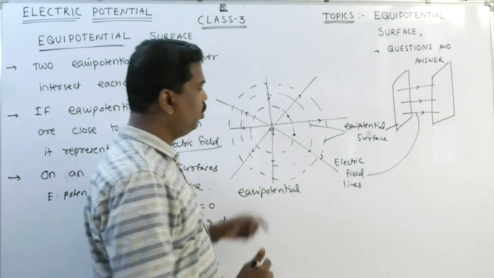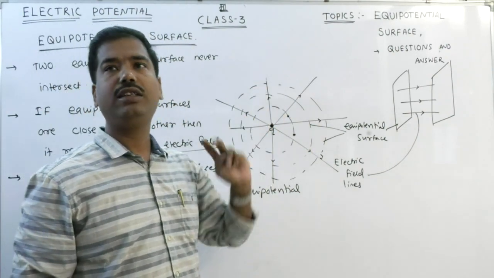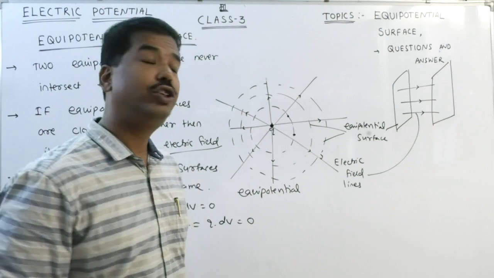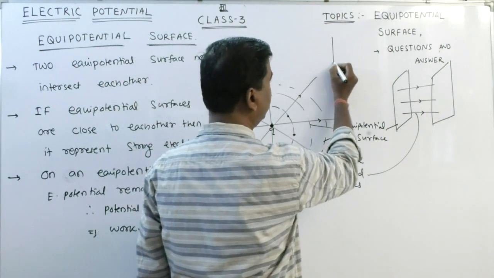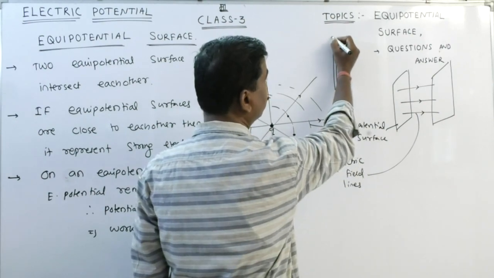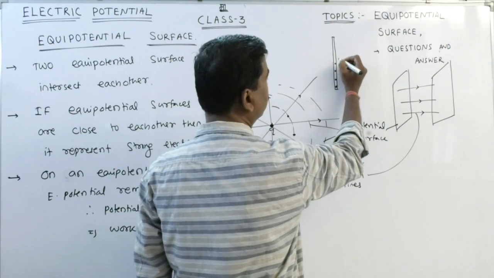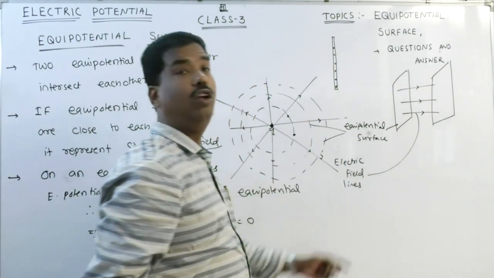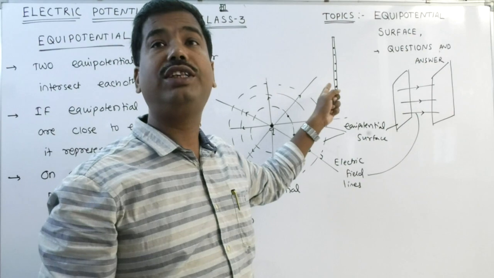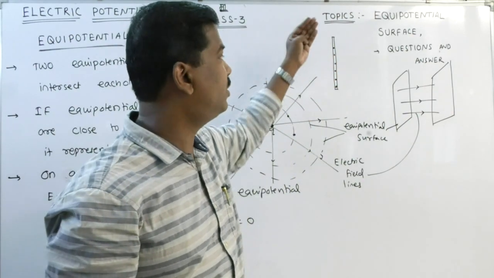Let us imagine a point source. For a point source, equipotential surfaces are concentric circles. Now let us imagine a linear charge distribution. Whenever we deal with a linear charge distribution, charge is distributed over its length. Clear? That is called linear charge distribution.